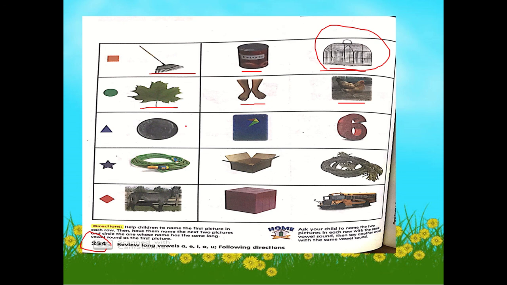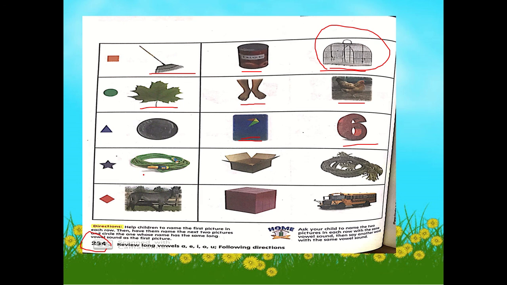Next, we have dime. The word dime has the I sound or the I vowel. Now, which picture has the I vowel? Is it the eye, or is it the kite, or 6?